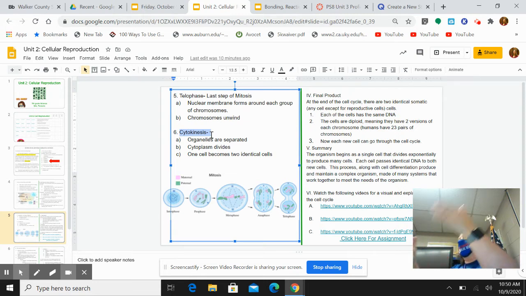Well, obviously you aren't, but this is what's happening in your cells. The cytoplasm begins to divide and pinch in the middle until you have 2 separate cells, one with each of the newly formed nuclei in the middle of it. So in cytokinesis, you need to highlight letter B, cytoplasm divides, and letter C, one cell becomes 2 identical cells.